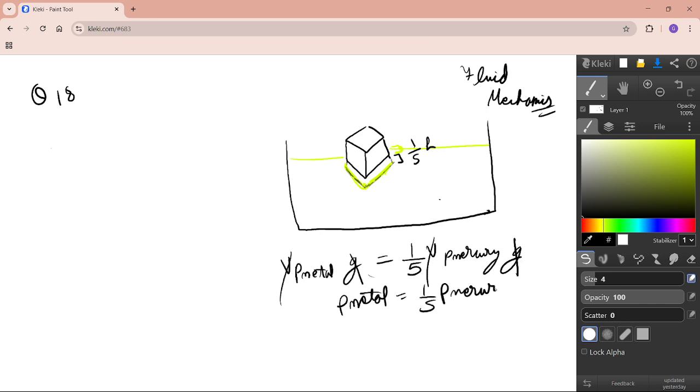And nothing wrong, since mercury is a very dense metal.